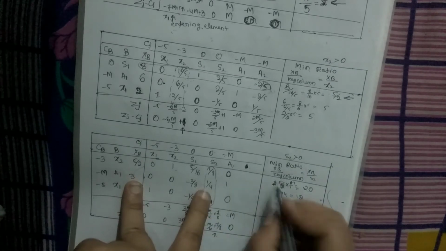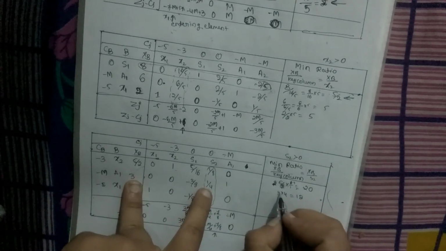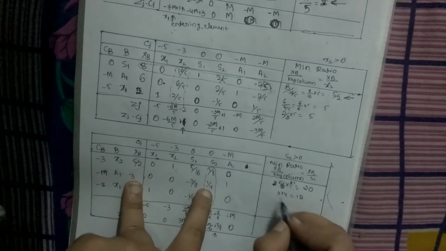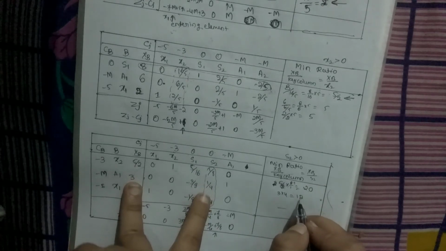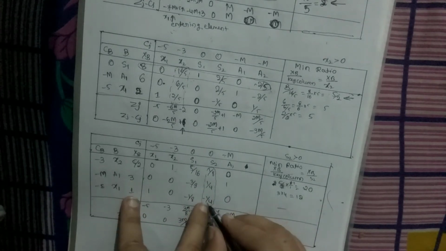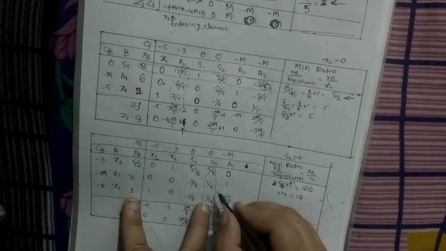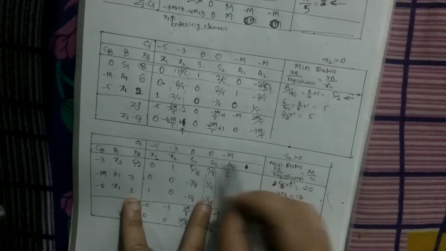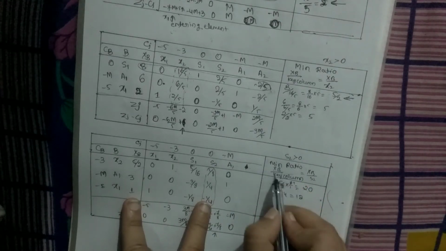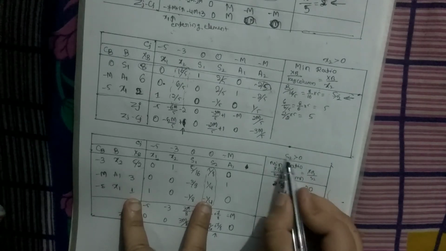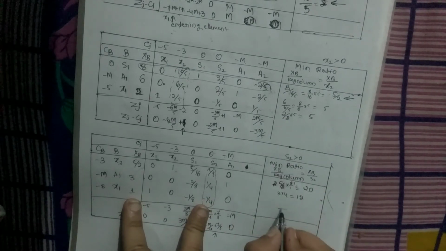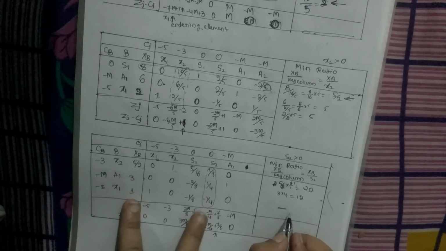Next xb is 3, divided by 1 by 4, becomes 3 into 4, the answer is 12. Then here minus 1 by 4 is there. Here one condition is there, the key column must be greater than 0, so here it is not necessary to find this.